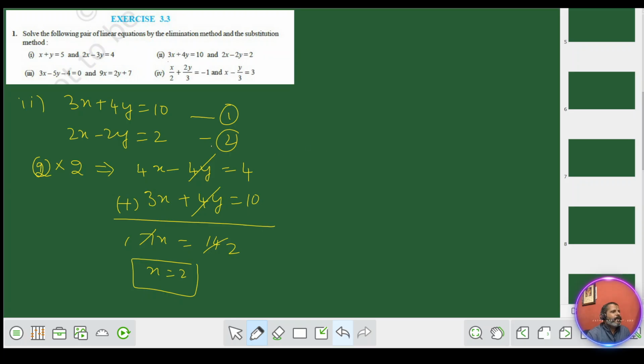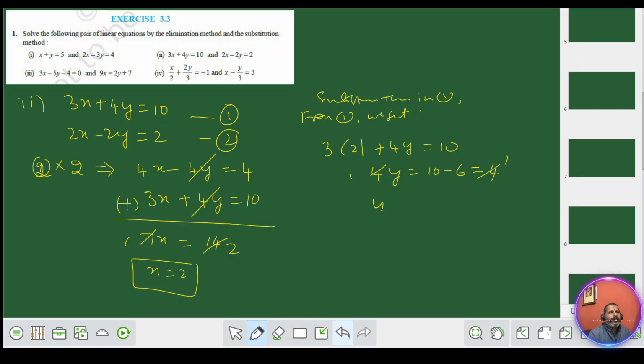Then substitute this in any of these. So substituting this in 1, that is 3 times x, x is 2, plus 4y equal to 10. 4y equal to 10 minus 6 is 4. Therefore, y equal to 1. Okay. x equal to 2, y equal to 1. Clear?